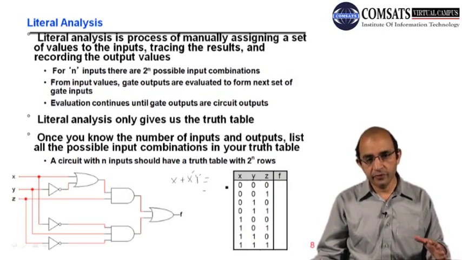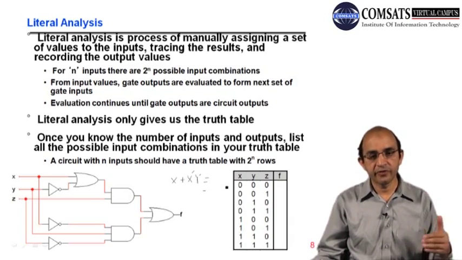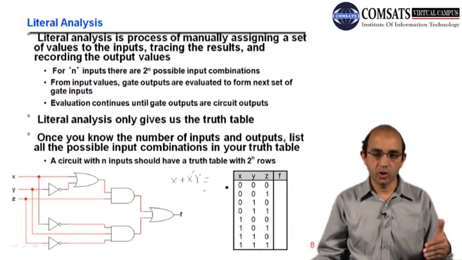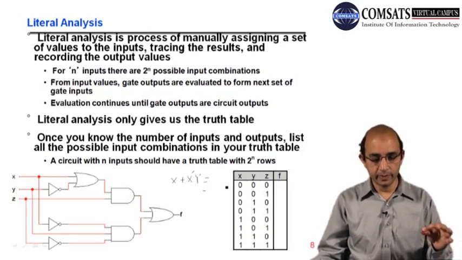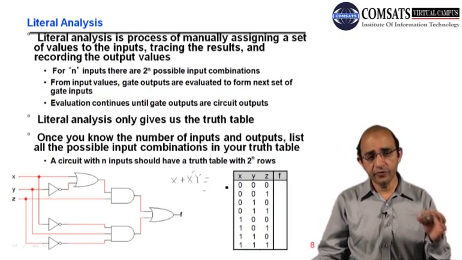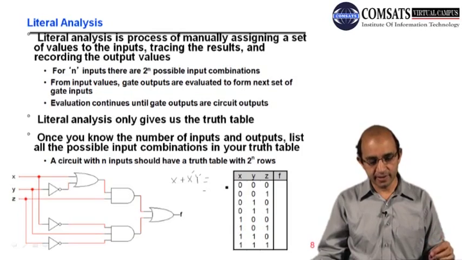So if we have 3 different variables, we can have different combinations of those variables. Like for 3 variables we will be having 2 raised to power 3, 8 different combinations of inputs. So we will be assigning or focusing on a particular value, and then we will be finding the result, or tracing the results.